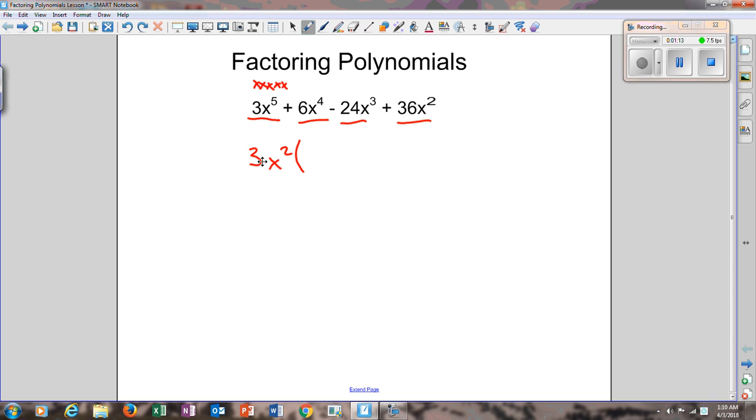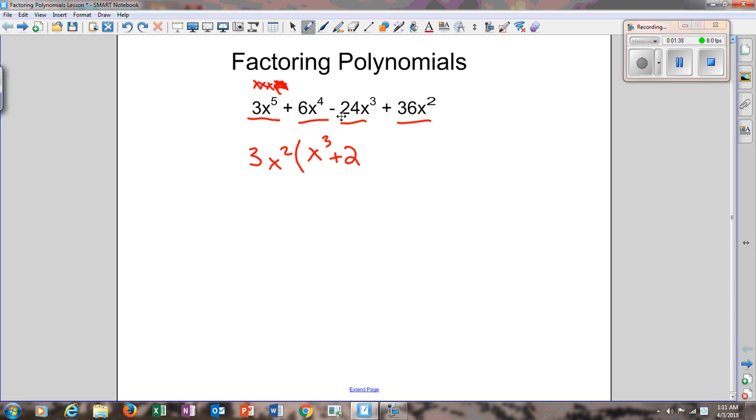Now it's 3x squared times, then what would be left if you factored out a 3x squared? The 3 would be gone because it's 3 divided by 3. And you would be left with 3 x's. If I took 2 of them out, there would be 3 left. So it would be x to the third. Then 6 divided by 3 is 2.